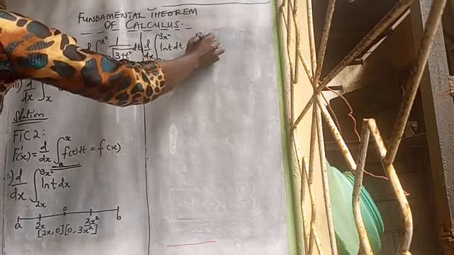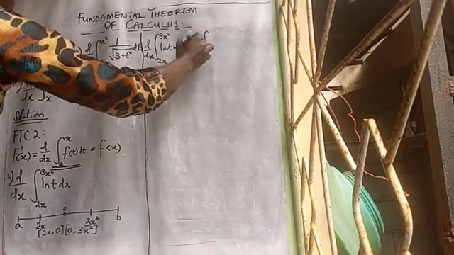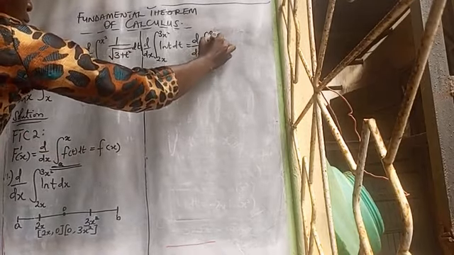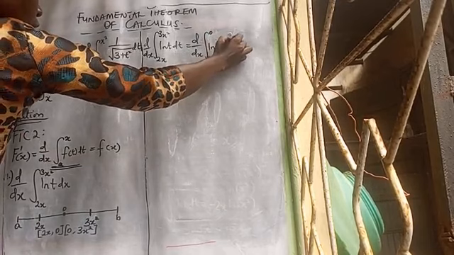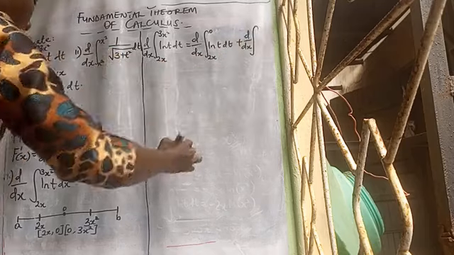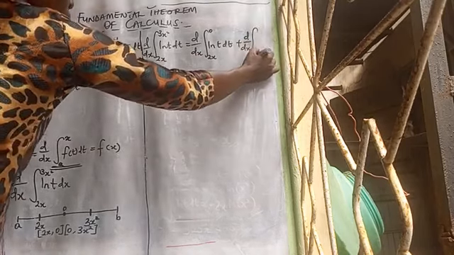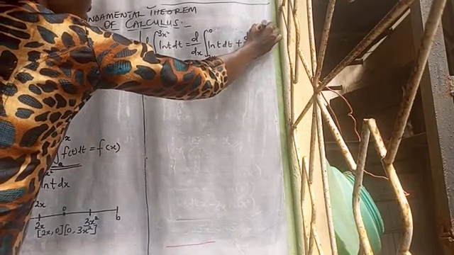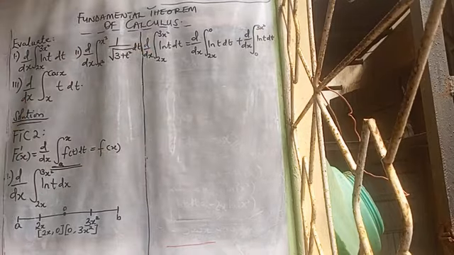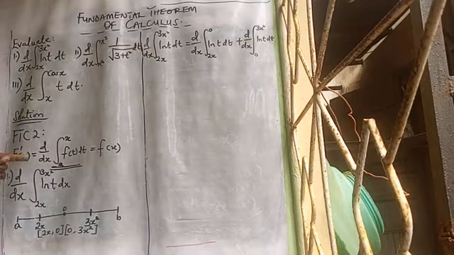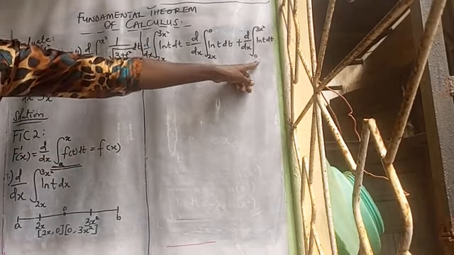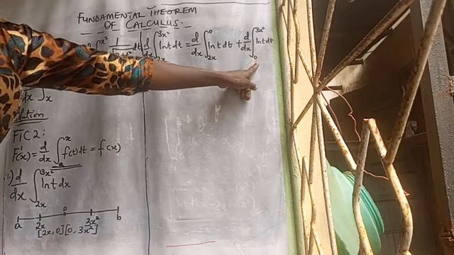The d dx of the integral from 2x to 0 of ln t dt plus d dx of the integral from 0 to 3x squared of ln t dt. What am I trying to bring out there? Trying to make my a constant. I can see from here now that my a is the constant 0.